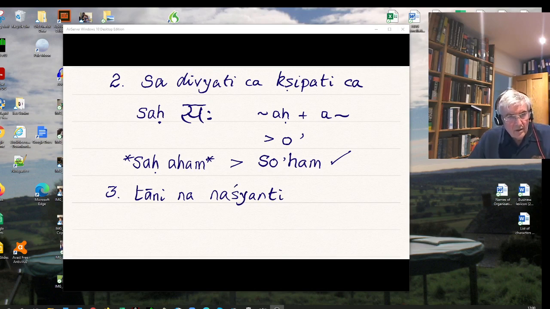Tani is the third person pronoun, he, she, it, they, neuter plural. So tani, they, but in the neuter. Nanashyanti, do not perish. Remember this verb nash, to perish. And it's a fourth class verb, so it adds the ya as part of its present base. So not nashanti, but nashyanti. Tani nanashyanti, they do not perish.